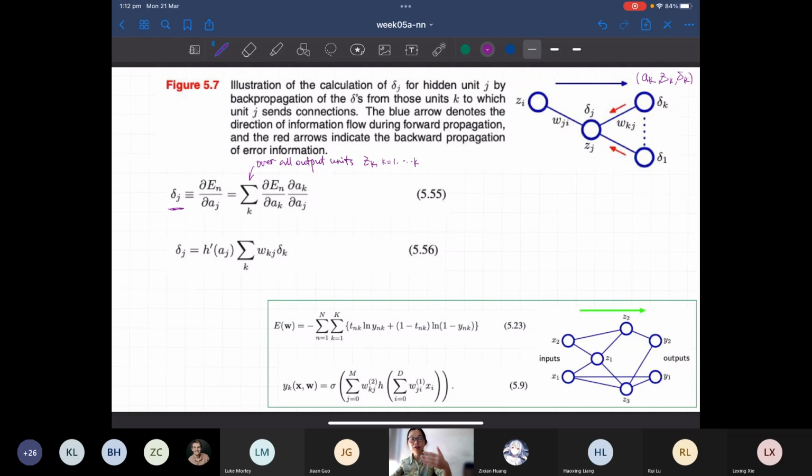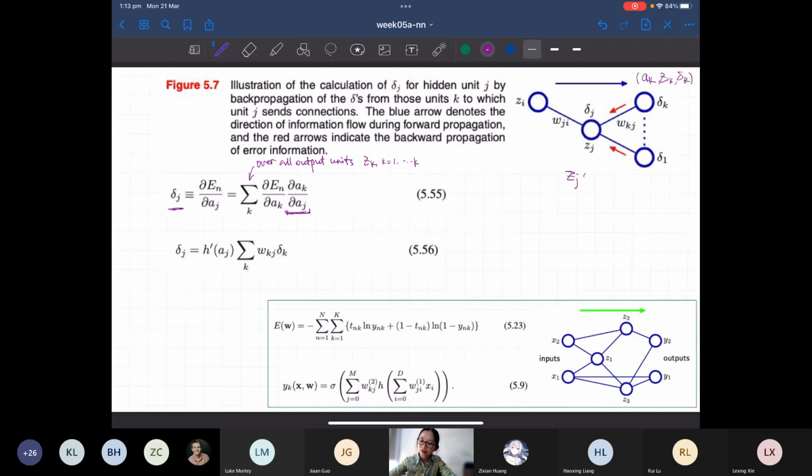Because each of them depends on Z of I, when we do the derivative, the error term is a summation of each individual error term. We essentially sum over all the output units, and then again apply the chain rule. So compute the error with respect to the activation at node K, and then this second term is the recursive term, where we compute the activation at the later layer with respect to the activation at the previous layer.